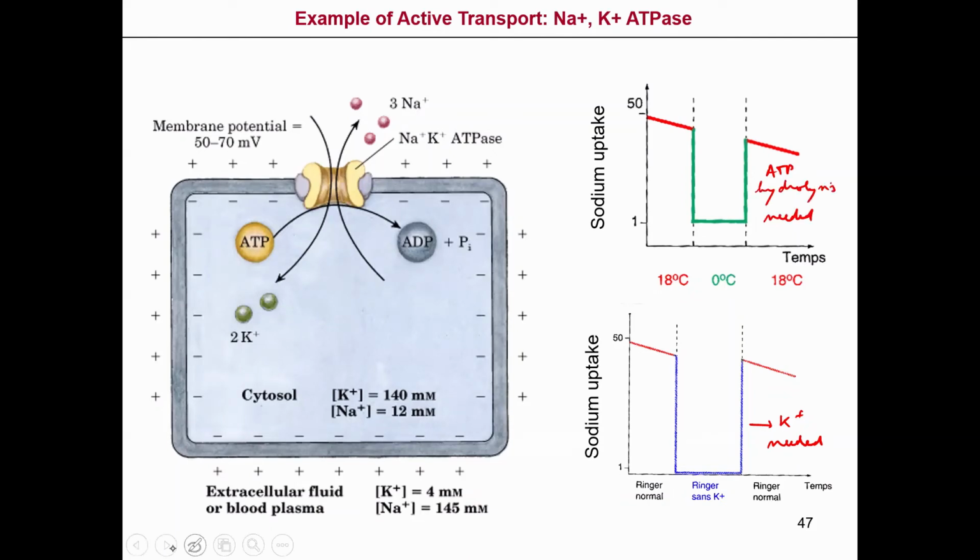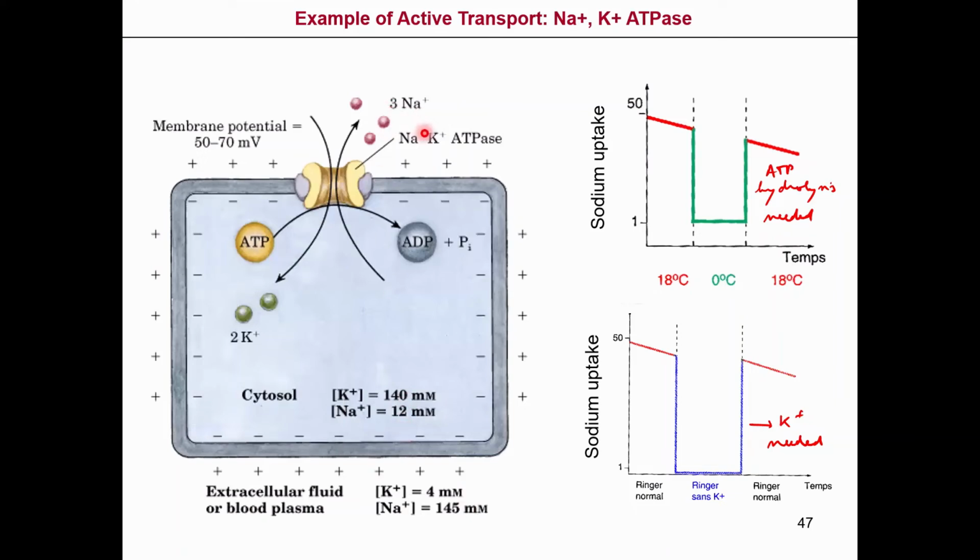Okay, so how does it happen? You see that first you have the cytosolic concentration of potassium and sodium. It's higher for the potassium inside than outside. And for the sodium, it's lower in the cytosol than outside.